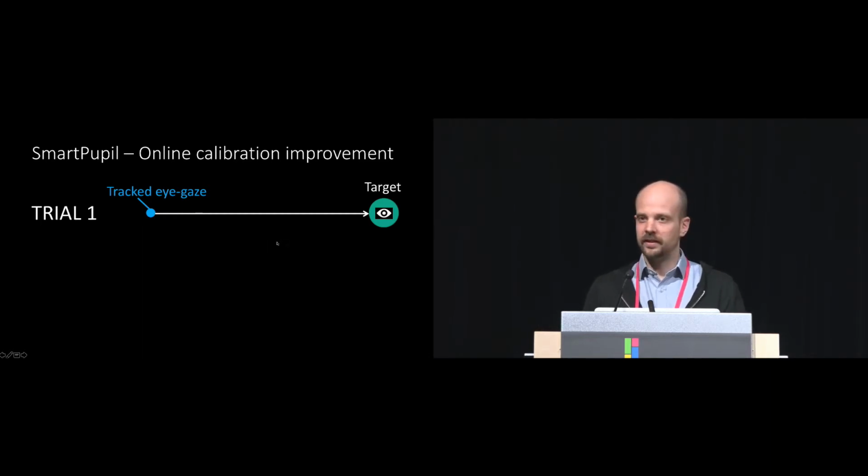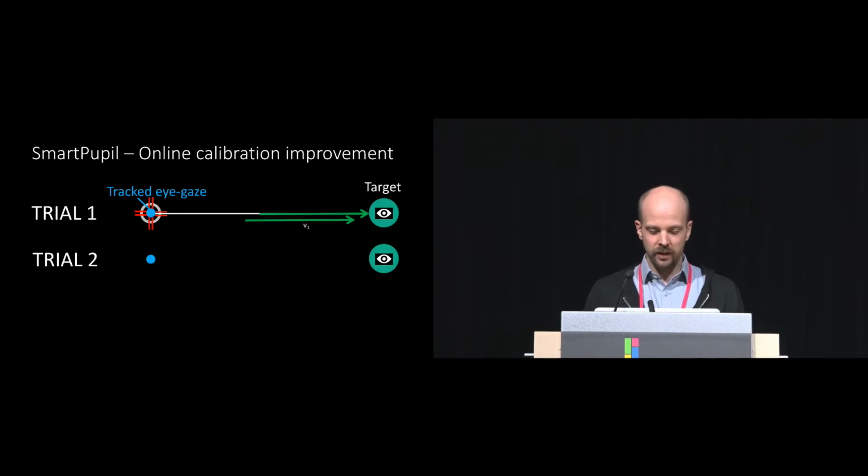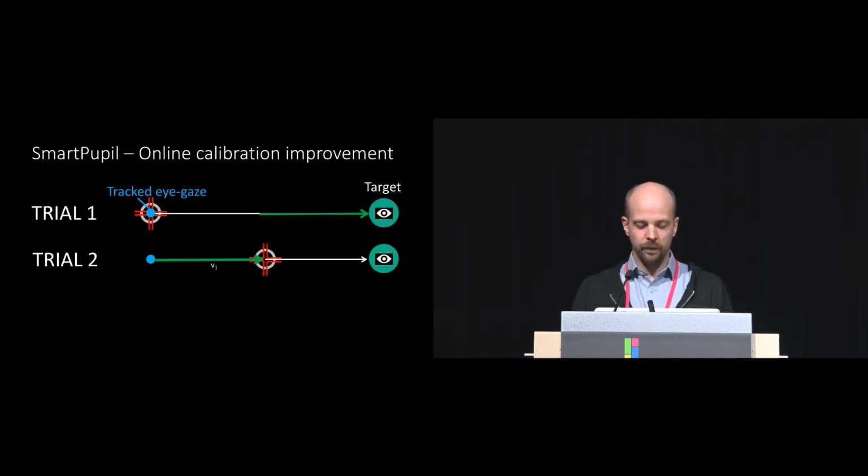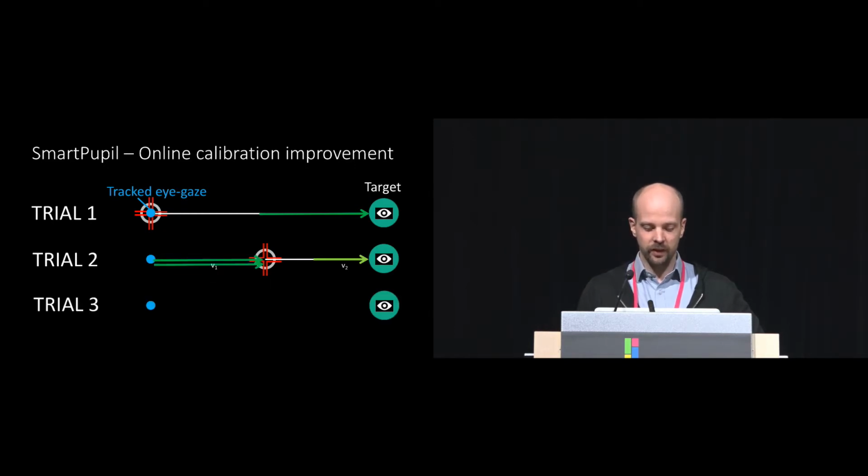But we can take this error between the target and the measured eye gaze, and use the correction vector for the next trial to improve the guess of where the target is, so that the cursor is moved towards the target with each trial. So we can use the error vectors from previous trials to move the cursor towards the target with each trial, and so on.